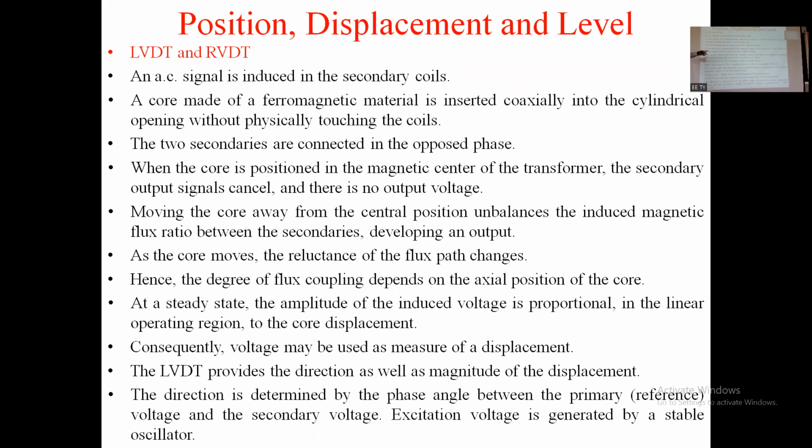So moving the core away from the central position, आता core किंवा ऑब्जेक्ट जे आहे त्या सेंट्रल पोझिशन पासून मूव्ह केलं, either in the forward direction or maybe backward direction, जे आता मी प्रोसिजर सांगितली सेम. So the core away from the central position, it will unbalance the induced magnetic flux ratio between the secondaries and it will develop an output.